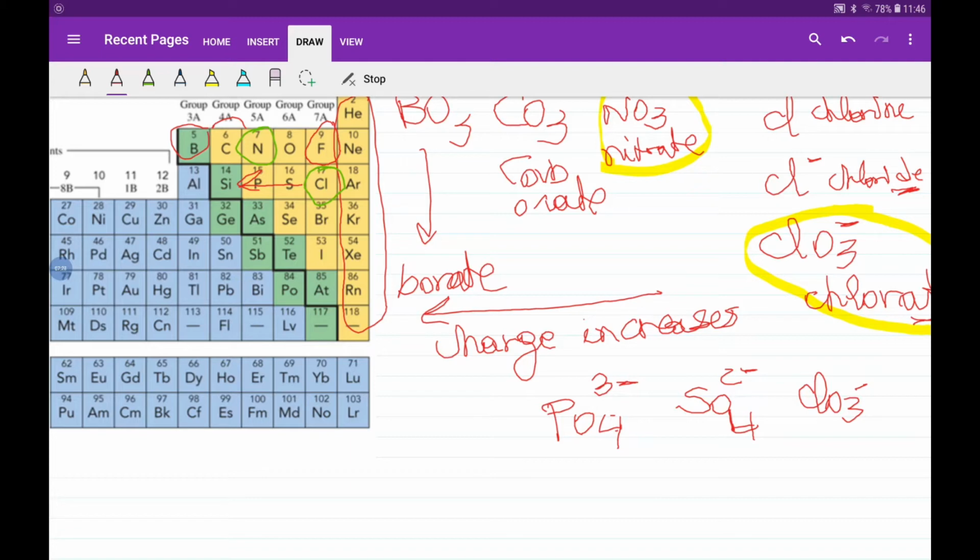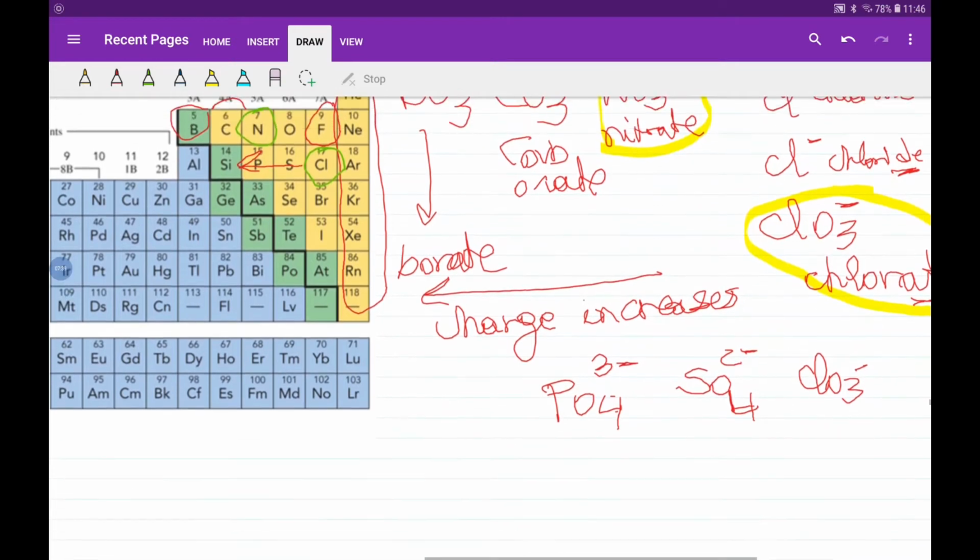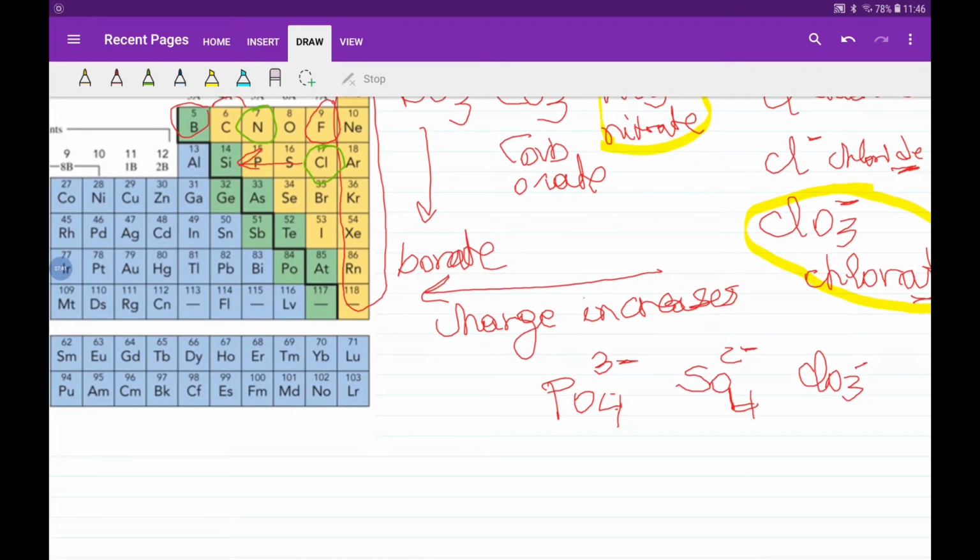Notice how we went from right to left. The charge increased the same way we did up here. And then we go down here, the charge will increase as well, with increasing the number of oxygen to a maximum of 4.